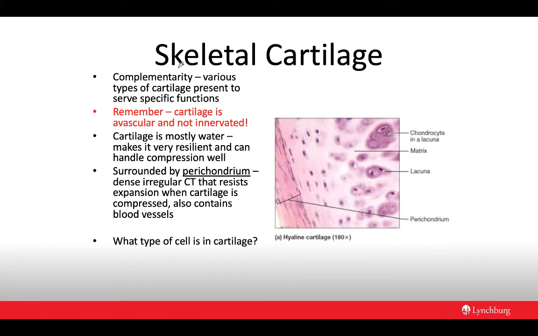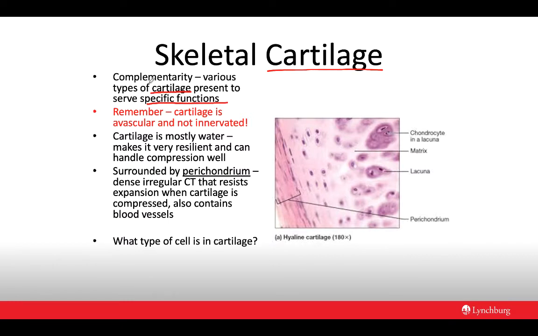In terms of skeletal cartilage, we do have some different types of cartilage that are present in the skeletal system. And these different types are there because they're going to have different functions based on the type of cartilage that it is.